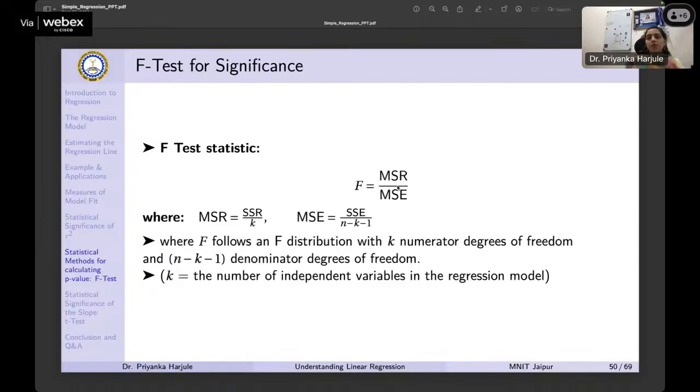So predictors do not explain much variation. Every predictor has very little contribution, and they do not actually explain the variation in the dependent variable, and the model is not statistically significant. So this is how the F test for significance works.